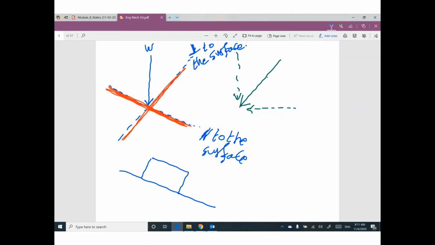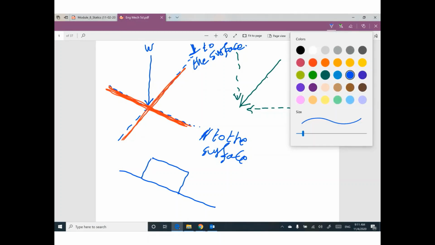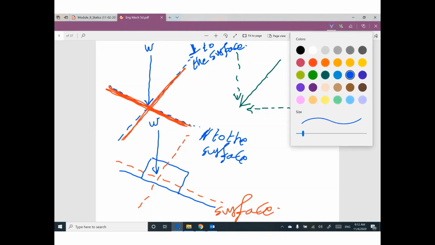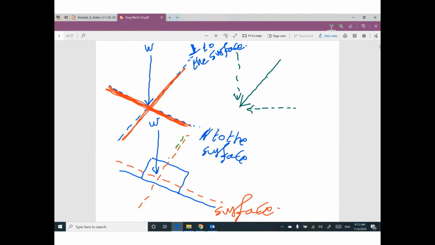We need to break any forces on this body to be parallel and perpendicular to the surface. So right now we have a vertical force W, and I need to get this component of W and this component of W.